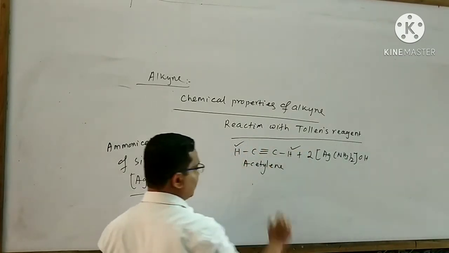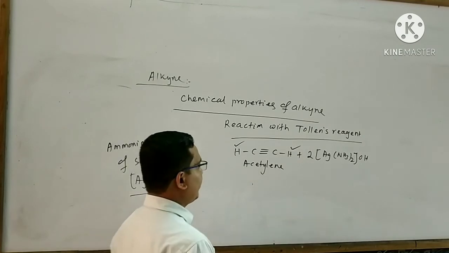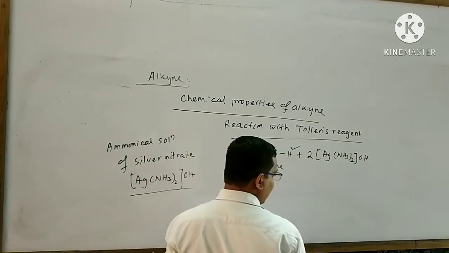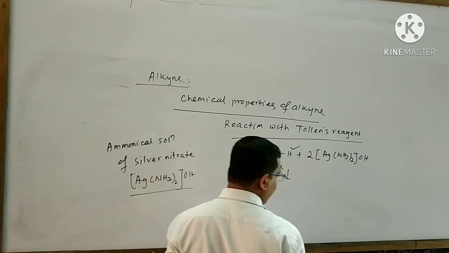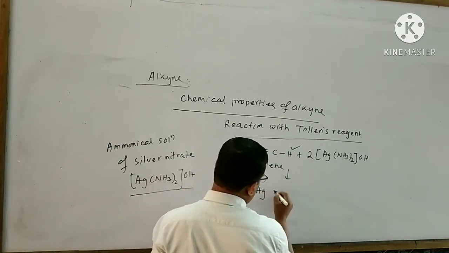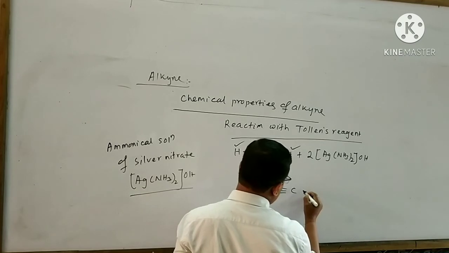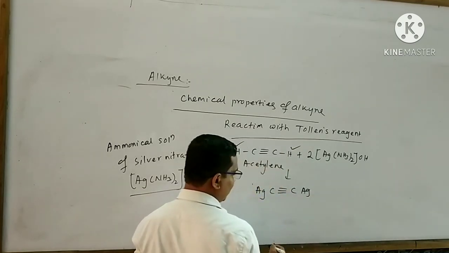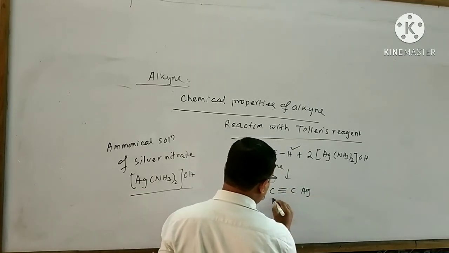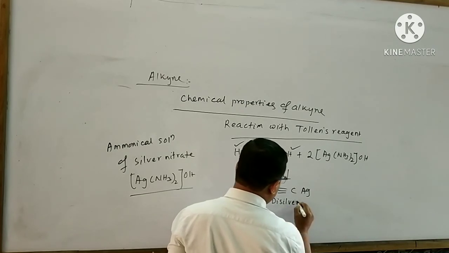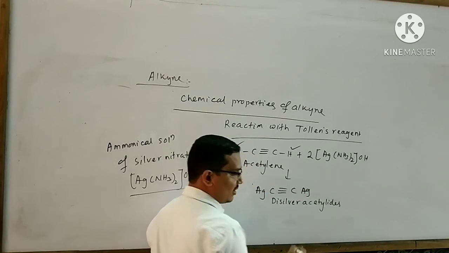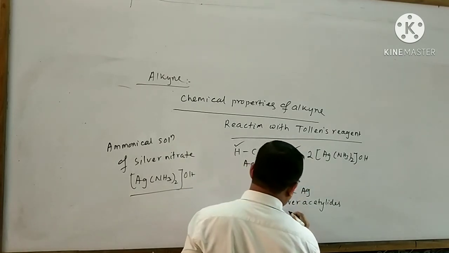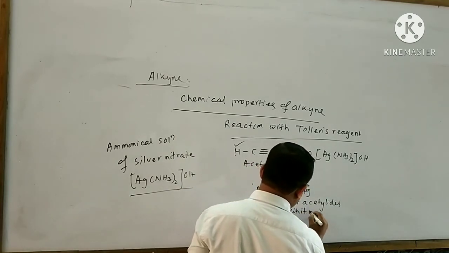These two hydrogen atoms are removed by two silver atoms. As a result, disilver acetylide is formed. The name of this compound is disilver acetylide. It is found in the form of a white precipitate.